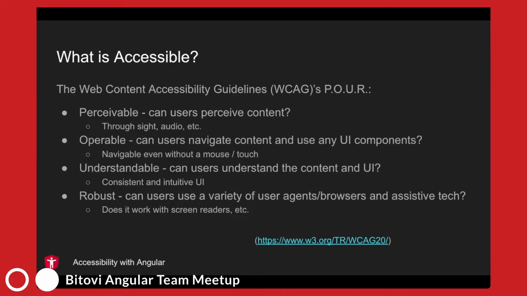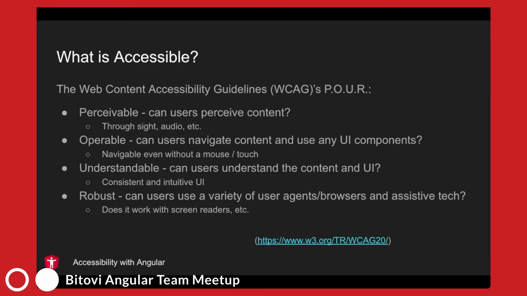The Web Content Accessibility Guidelines use the acronym POUR to outline their accessibility guidelines. That acronym stands for perceivable, so making sure that users are able to perceive your content through sight or listening to it. Operable: users need to be able to navigate your content and utilize your UI.